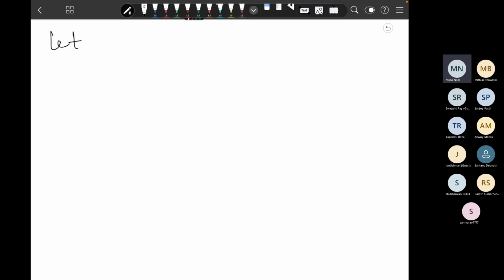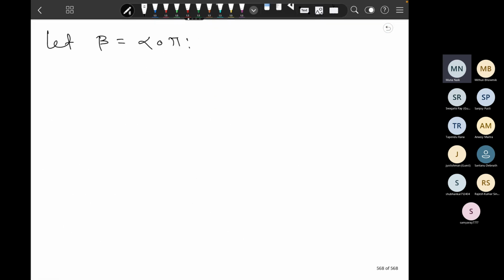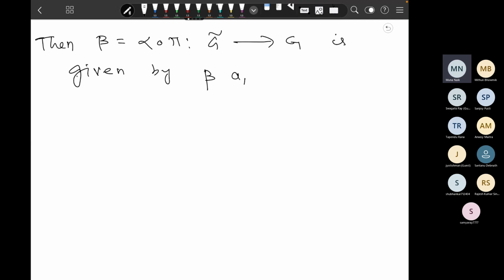Let another thing: let beta, really alpha composition pi, be a map from G tilde to G. Then this beta is given by beta of (A, B) is really alpha composition pi of (A, B).